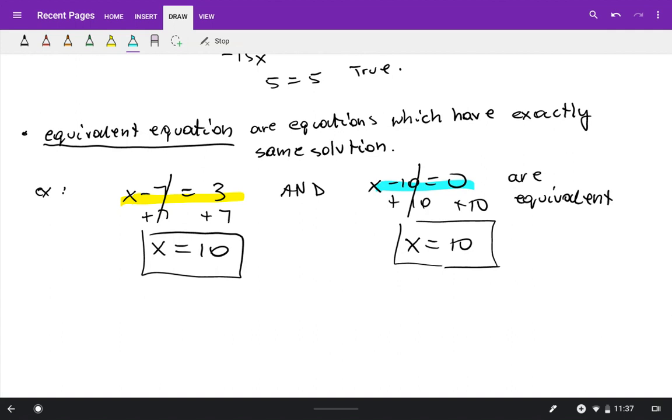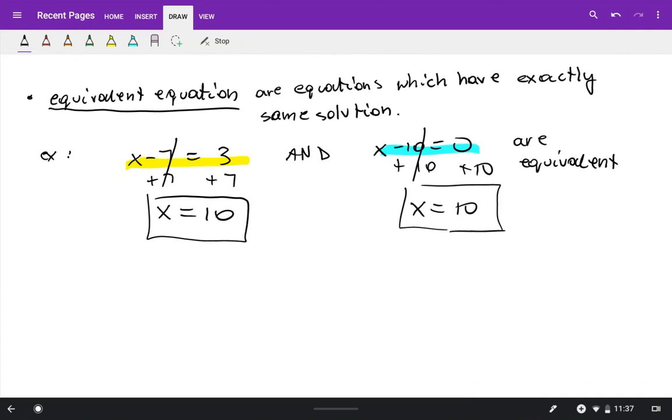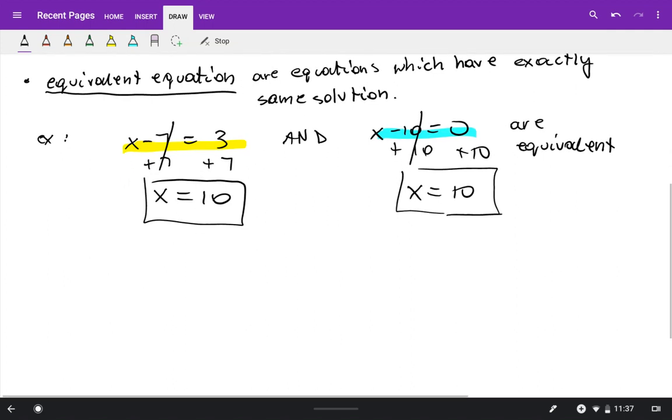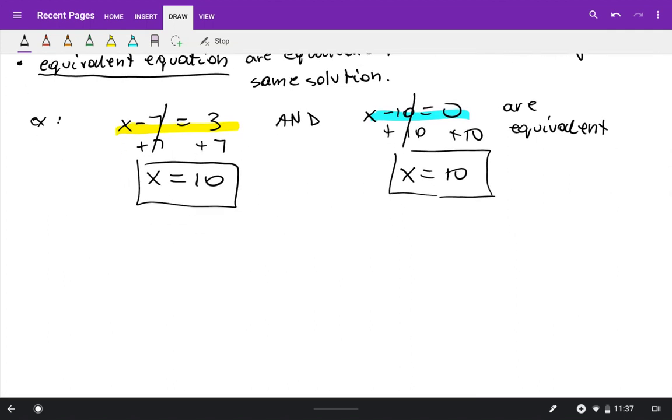Let's talk about how to solve the equations. Let me give you some steps of how to solve linear equations. Okay, let's just write this down.